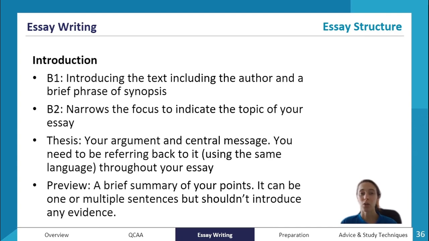Your introduction should be about 100 to 120 words for a 1,000 word essay, and you therefore don't have a lot of room to go into a great deal of depth here. That is reserved for the body paragraphs. And that signposting can be done first and then your thesis, or you can do it in the order that we've got displayed here.